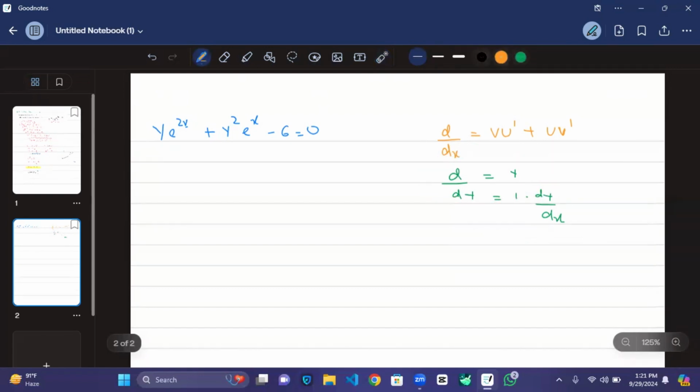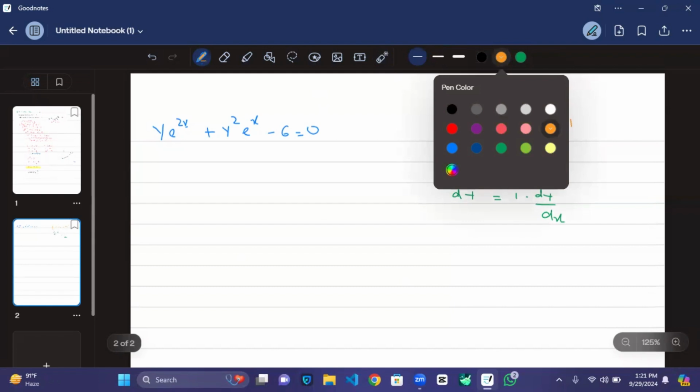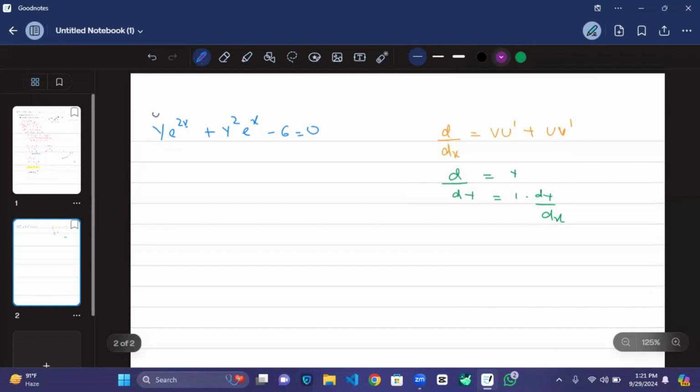Over here, first of all, let's identify the value of u and v respectively. The first term will be u, this will be v, and the same for the other case as well, it will be u and it will be v. First of all, find the value of u dash and v dash for the first case.